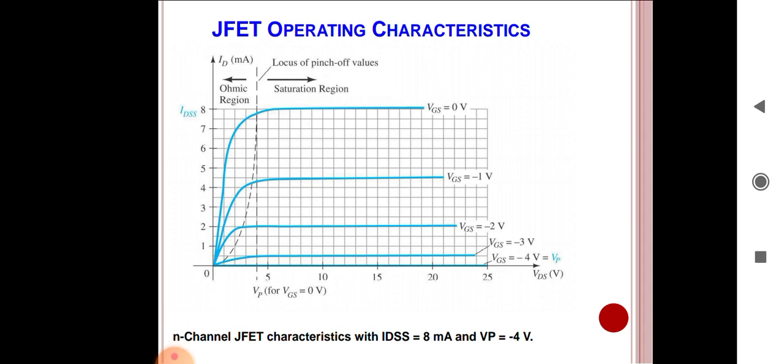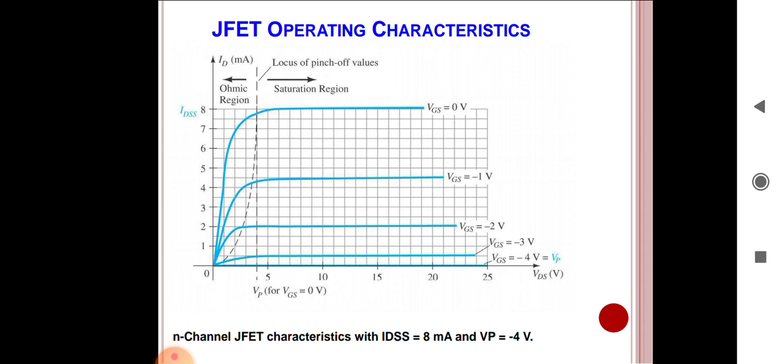We have seen the characteristics are plotted graphically with voltage on the x-axis and current on the y-axis. The drain characteristics is a plot of drain current versus drain source voltage VDS at different values of gate to source voltage VGS.